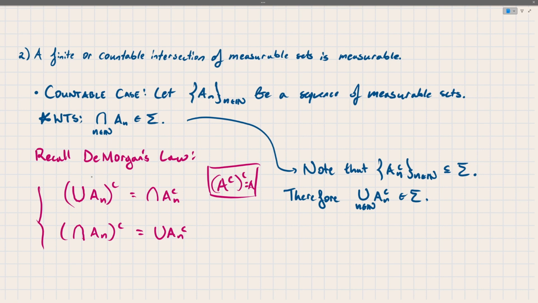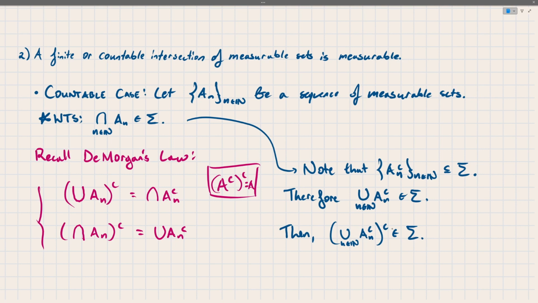Now I'm going to apply De Morgan's laws. I know that because this is a measurable set, the complement of this entire thing is also going to be a measurable set. Then the complement of this guy is also an element of sigma, but the complement of this, if we look at De Morgan's law, is going to be an intersection.